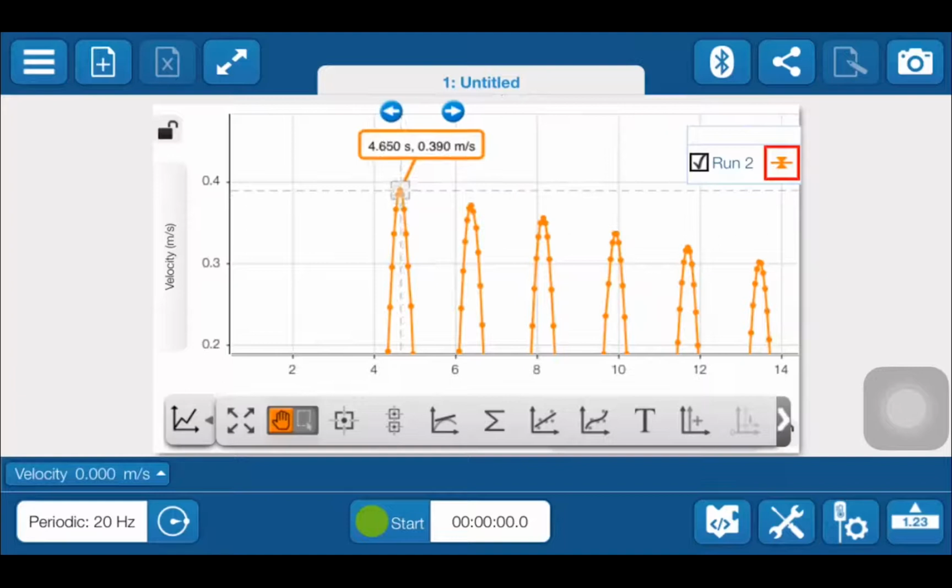Show you a point to the left of it, smaller. So at 4.65, this is the local maximum velocity. Isn't that interesting? At 4.65 seconds, the position is 0 at equilibrium, but the velocity reaches maximum.